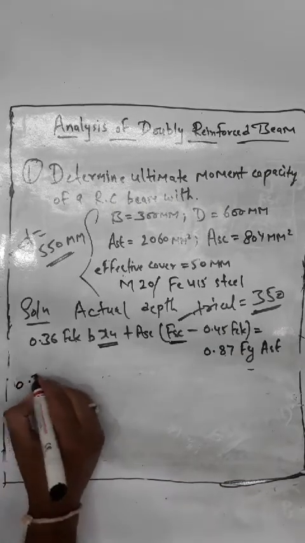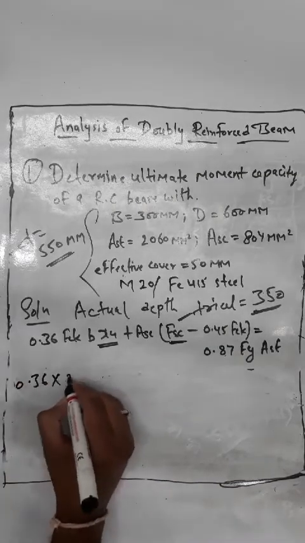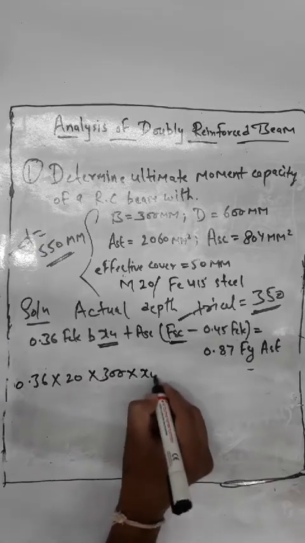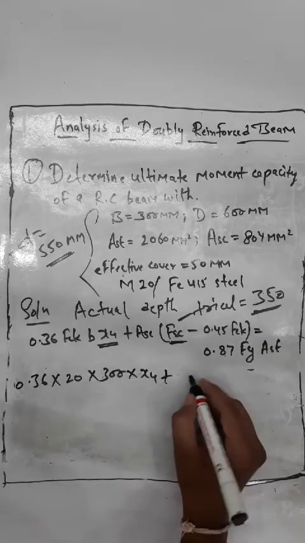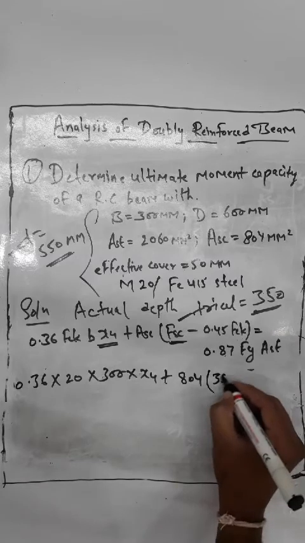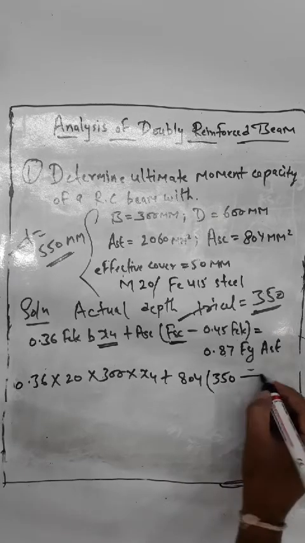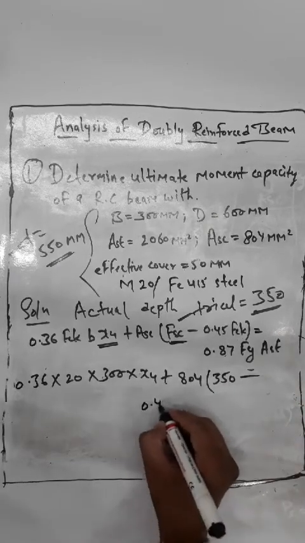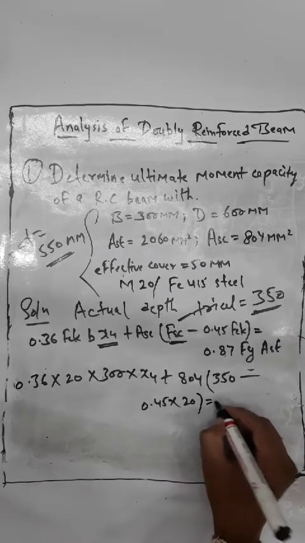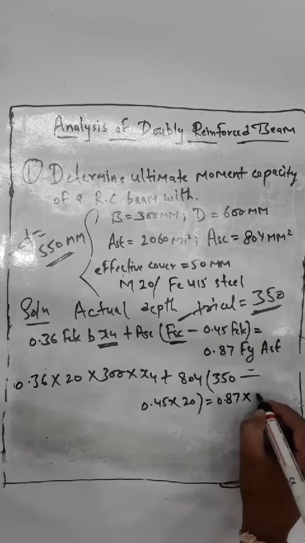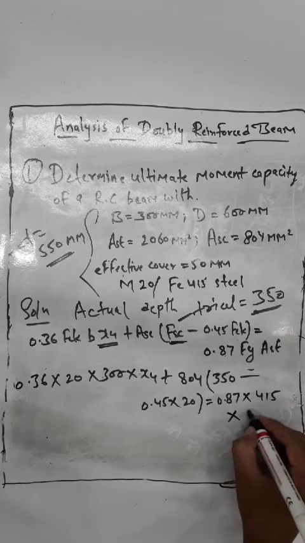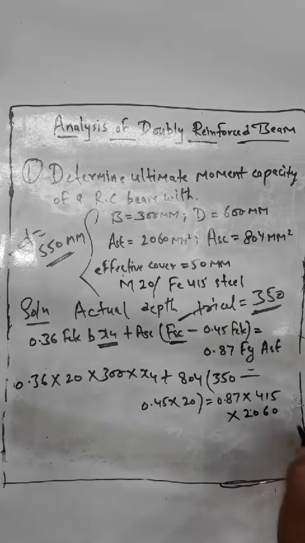So 0.36 fck, where fck is 20, b is 300, xu we have to find, plus Asc at 0.4, fsc we assume 350, minus 0.45 into 20 is equal to 0.87 into fy, which is 415, into Ast, which is equal to 2060.